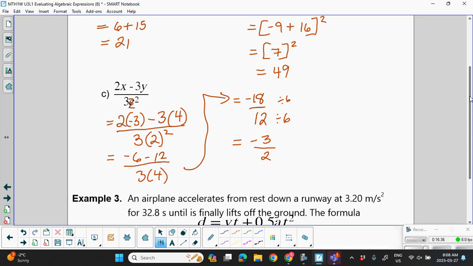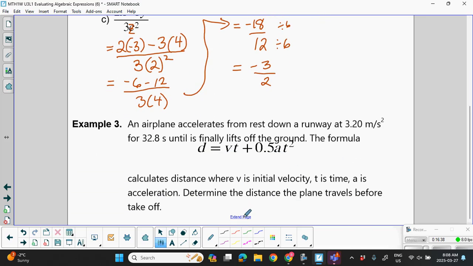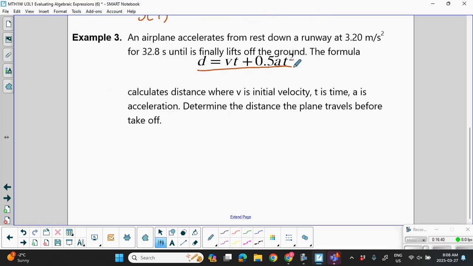The next question, same kind of thing, except look at the formula this time. Now I'm going to have to figure out what all those letters stand for. An airplane accelerates from rest down a runway at 3.2 meters per second for 32.8 seconds until it finally lifts off the ground.